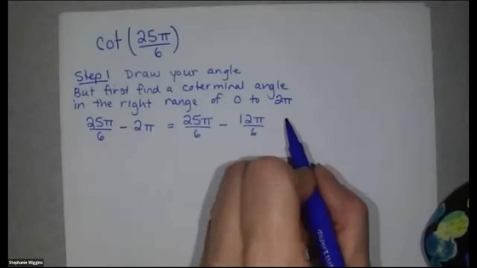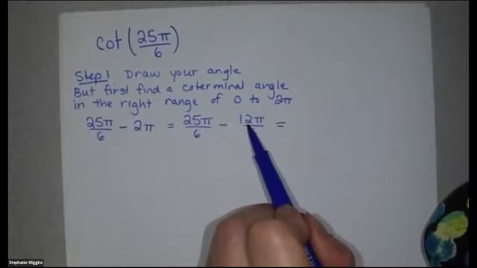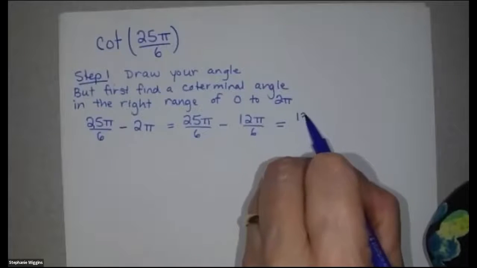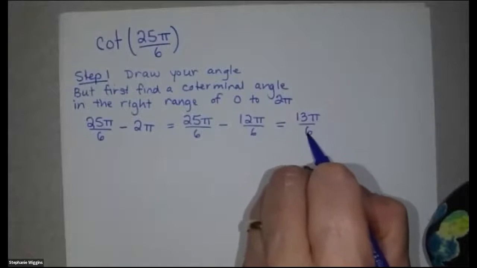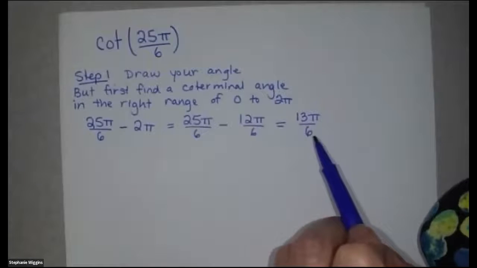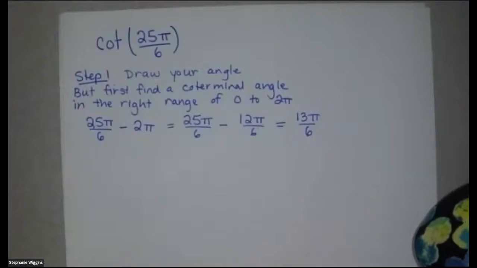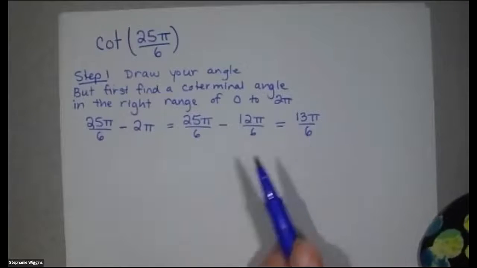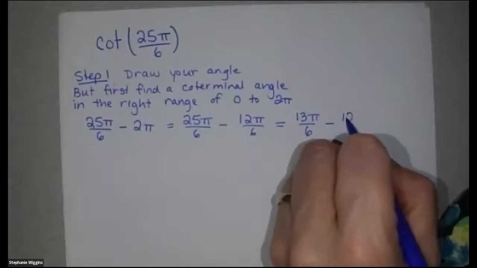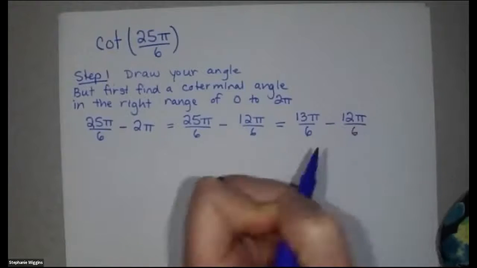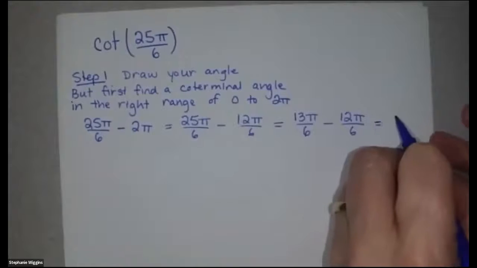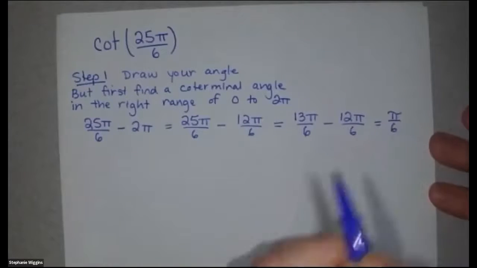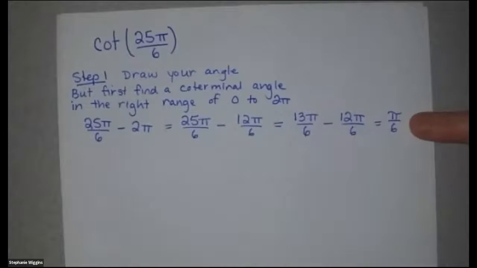Now that I have a common denominator, I can go ahead and subtract, and I get 13 pi over 6. But I'm still out of range because remember now, 2 pi is 12 pi over 6, and here, that's more than 12 pi over 6. So I need to subtract off another 2 pi or 12 pi over 6. And that gives me pi over 6. So this is my coterminal angle.